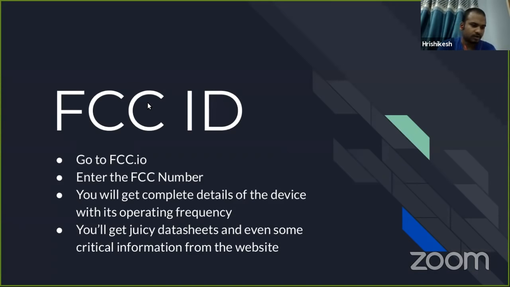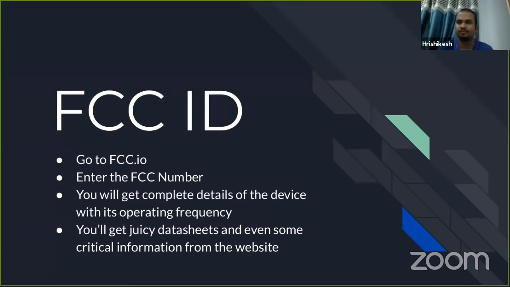Yeah, so like I said, you can go to fcc.io, enter the FCC number, and you'll get the complete details of the device with its operating frequency. Another thing that can be done: take the example that you have a car remote.